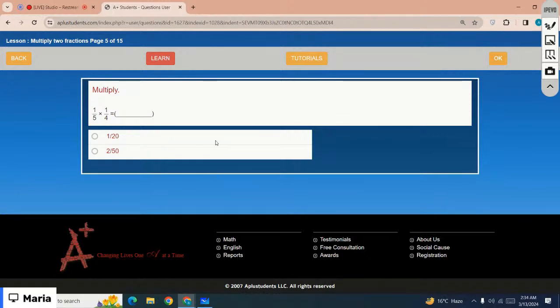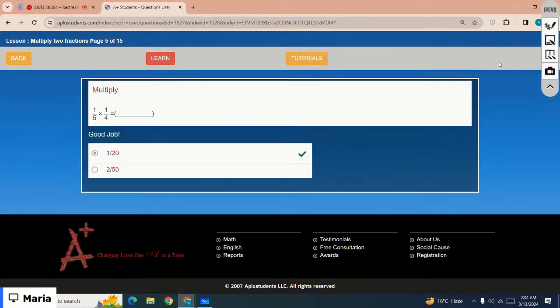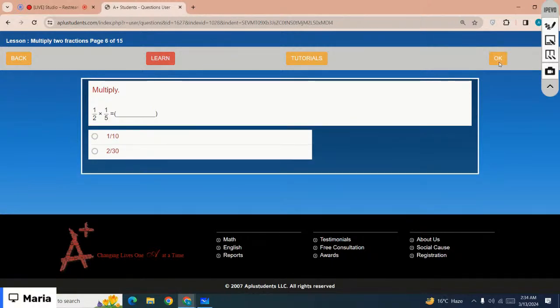That is 1 out of 20. 1 by 2 times 1 by 5. So, which is the correct option?